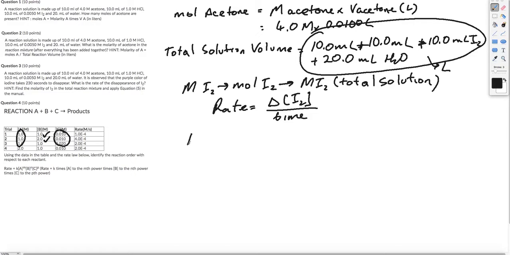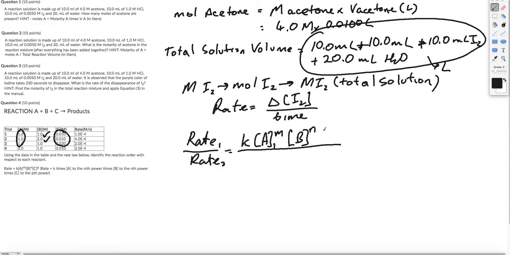So what you would do is you'd say rate 1 over rate 2 equals k, and this would be A to the m, B to the n, and C to the p, and those all have a subscript of 1, and we do the same thing on the bottom one here.